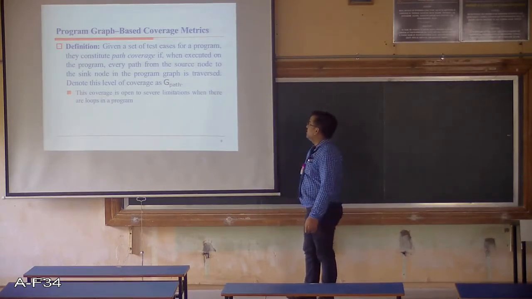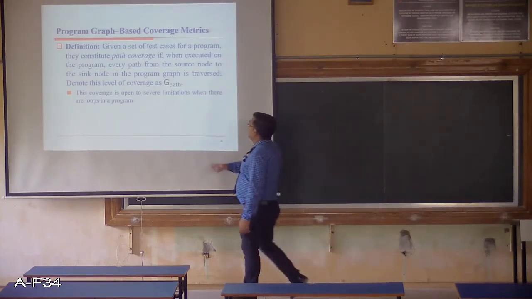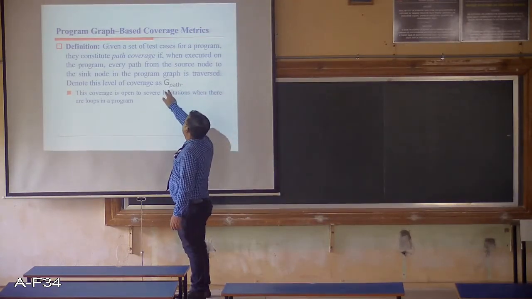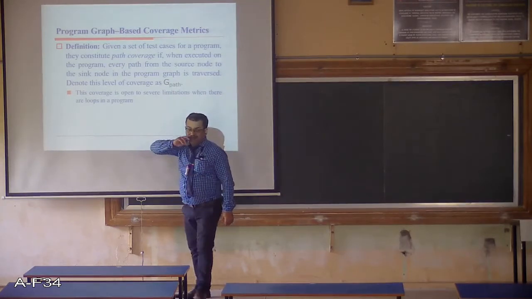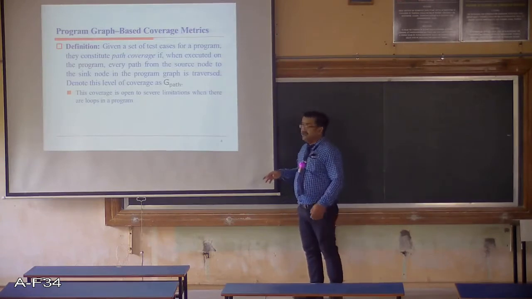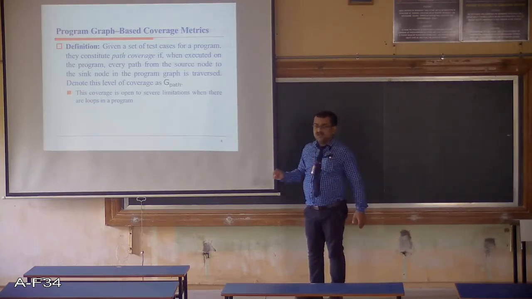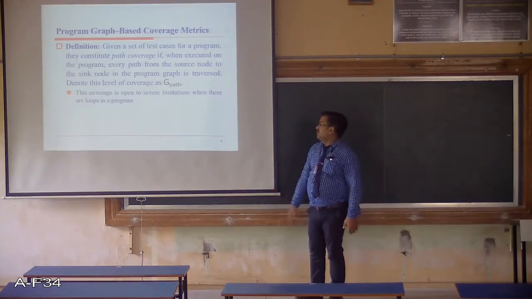That is given by the coverage metric G path. Remember that this definition indicates all the paths from the source to the sink, that is, the last node.